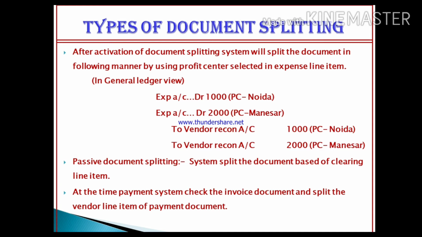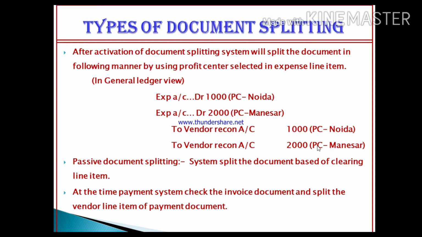Here see, your expense account is debited 1000 rupees for Profit Center Noida, and your expense account is again debited 2000 rupees for Profit Center Manesar. Here your vendor reconciliation account will be credited 1000 rupees for your Profit Center Noida, and the vendor account will be credited 2000 rupees for Profit Center Manesar.